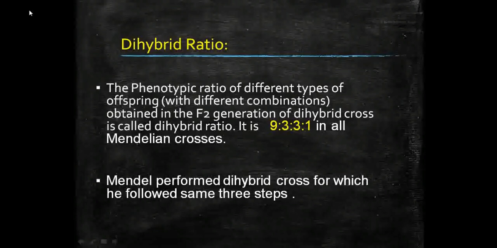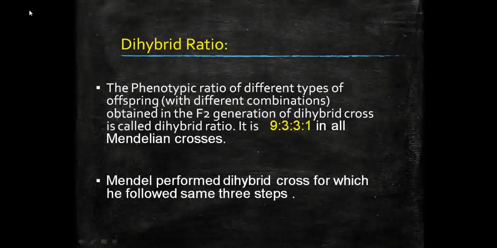So he confirmed that this is the ratio we get if we perform this dihybrid cross and want to see the inheritance patterns of these characters in the offspring.